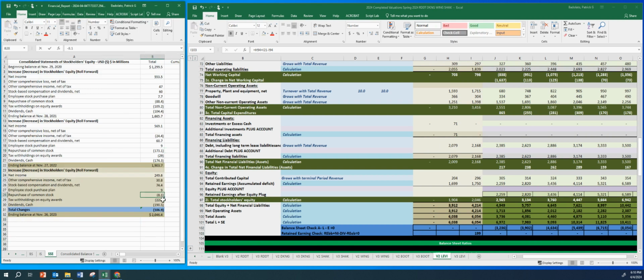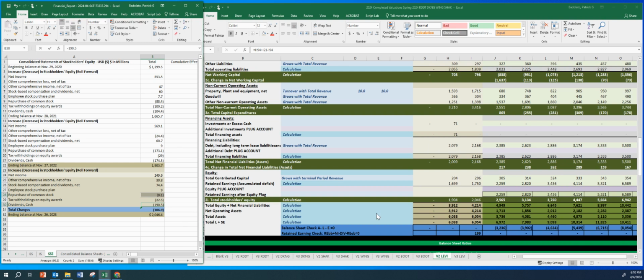Yeah, that's actually probably it. Yes, that's it. Yeah, there's my amount. So the reason this is off is that I have other movement, obviously dividends, which are not built in my model, but then dividends and the repurchase of common stock. And if I put those two, that's what's going to work effectively like a dividend here.